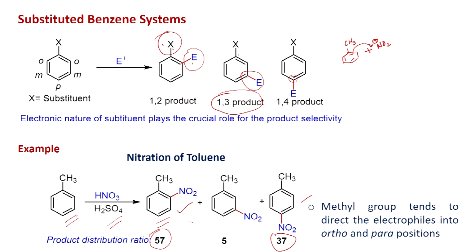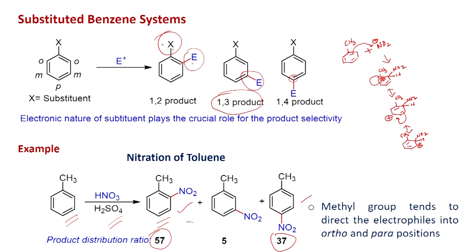For example, if it undergoes addition at the ortho position, then you will be able to form these 3 resonance structures.